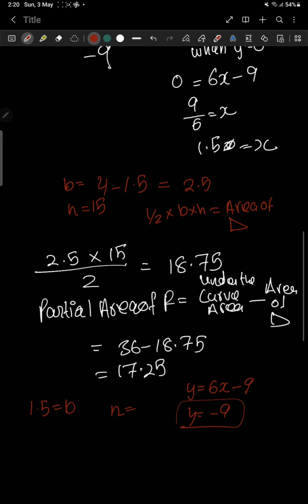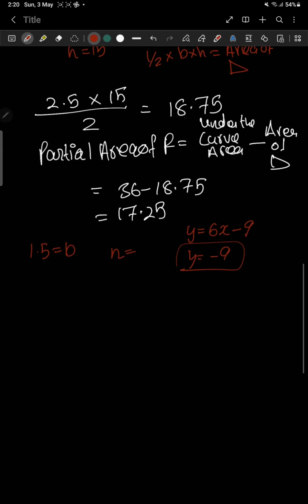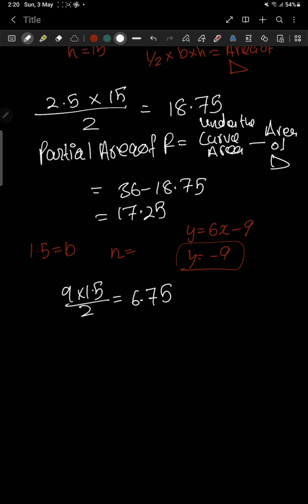Since we cannot take a negative here, I'm going to take this as positive. So 9 times 1.5 over 2 is the small triangle area, which gives us 6.75.